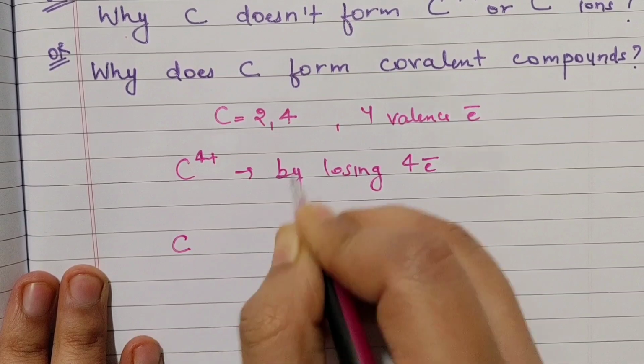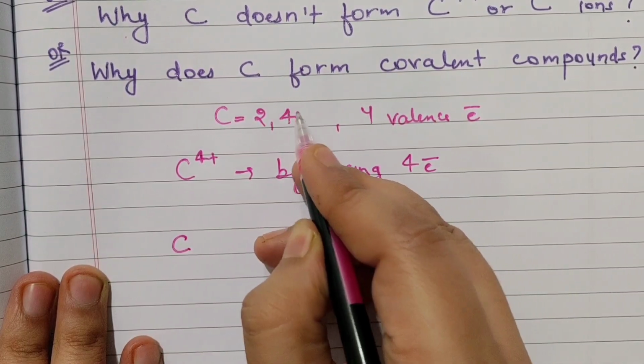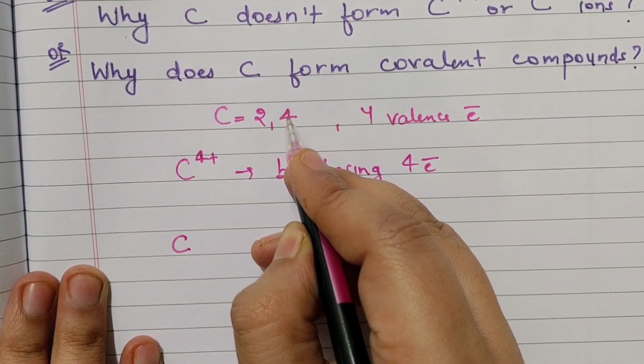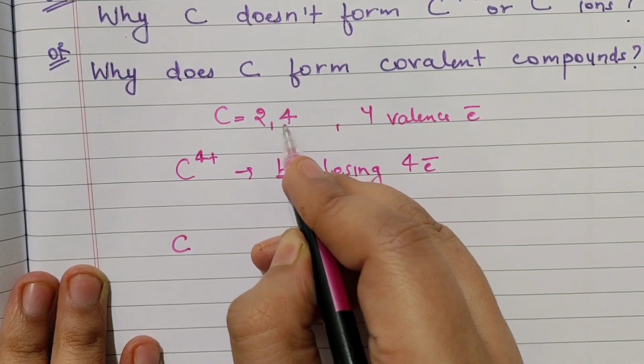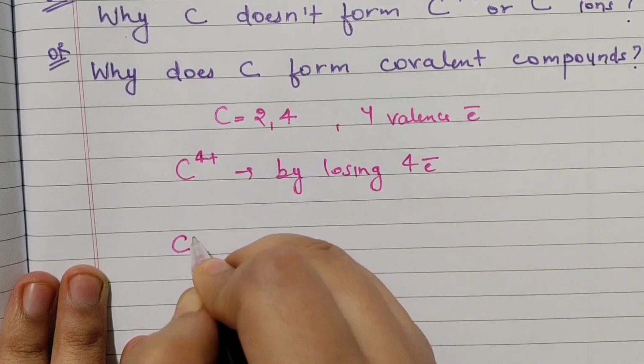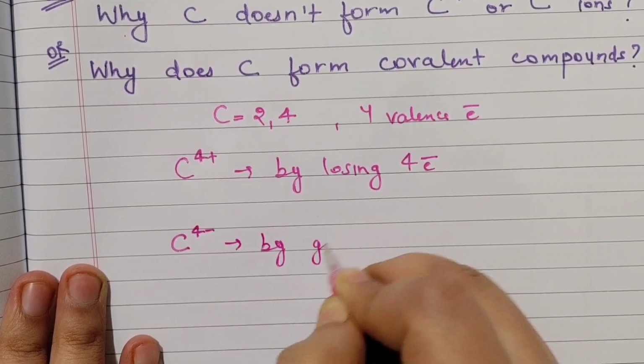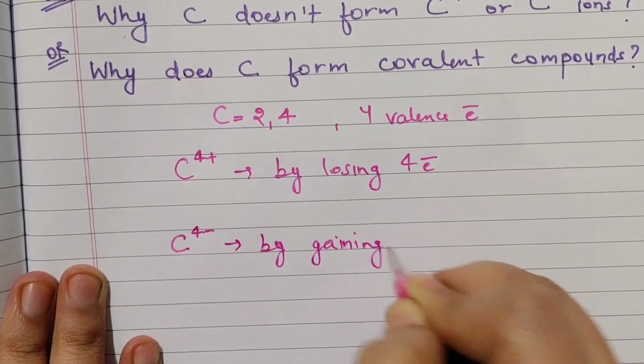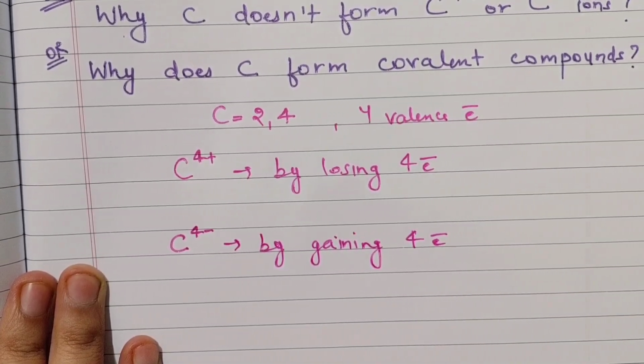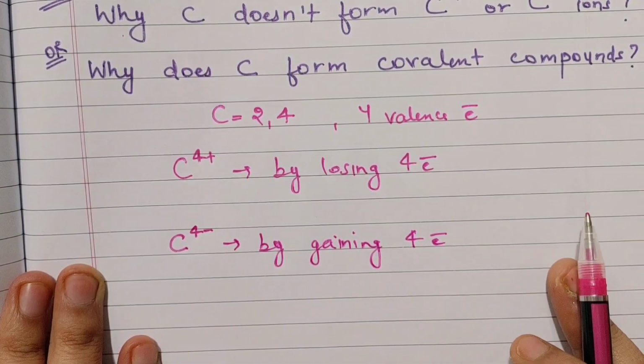Or it can gain 4 more electrons in the second shell. In that case its configuration would be 2,8 because 4 electrons are there already. Then it would form carbon -4 ion by gaining 4 electrons. Now the third option, we'll talk about it in a while.